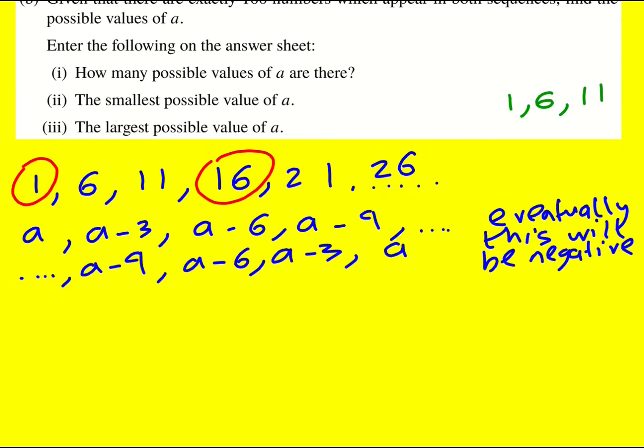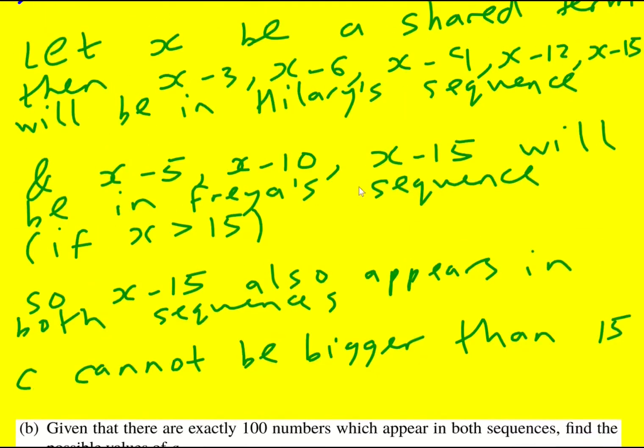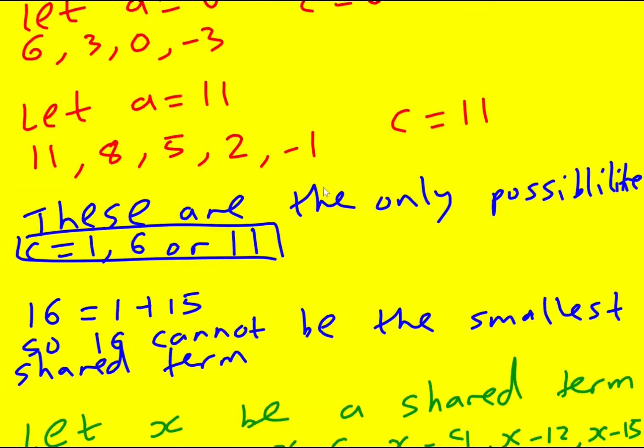So if the last common term is 1, then it's going to go 1, 4, 7, 10, and so on. And I'm interested in there being exactly 100 numbers which appear in both sequences. But as we saw in part A, it's actually every 15.